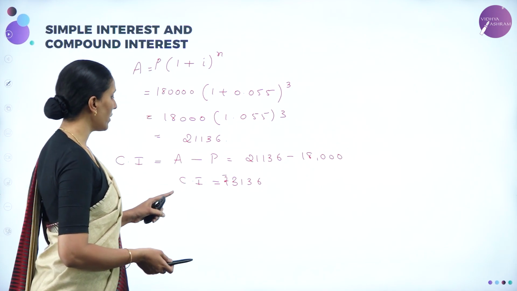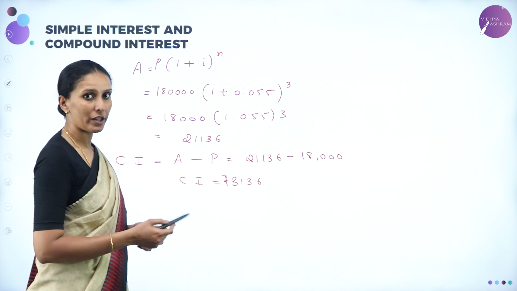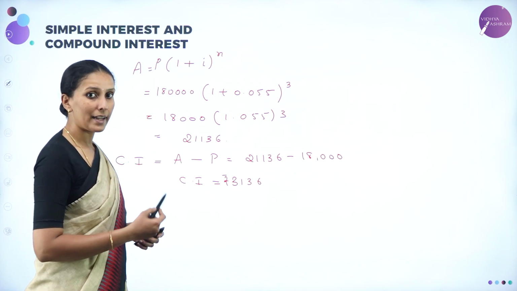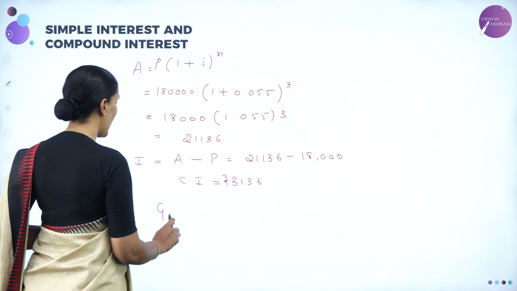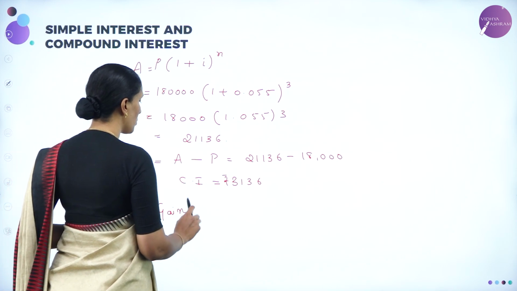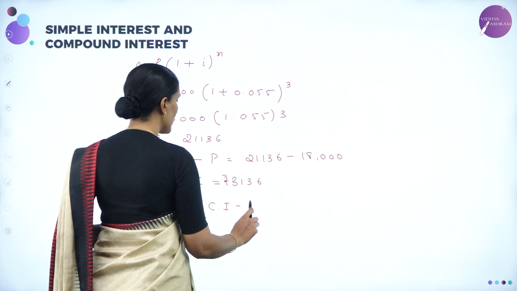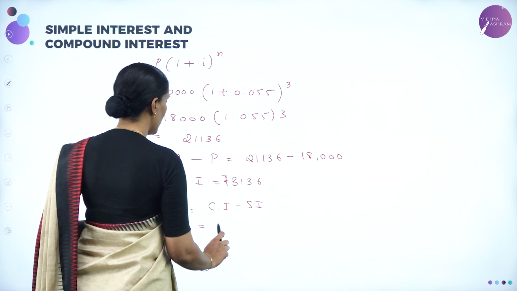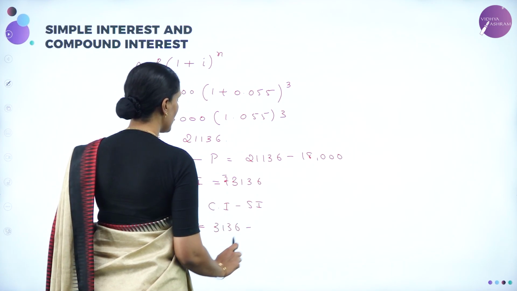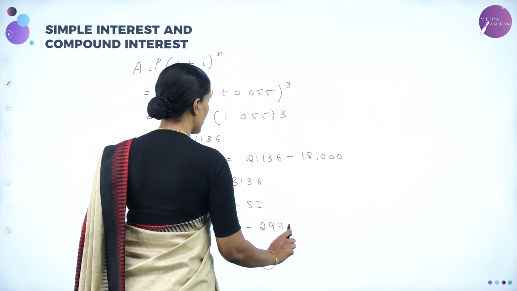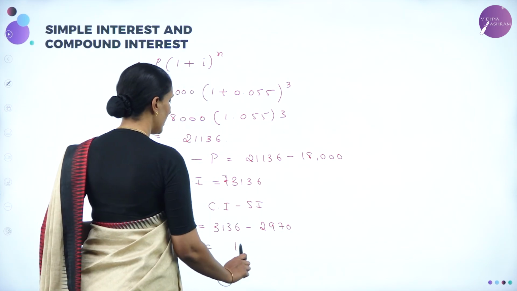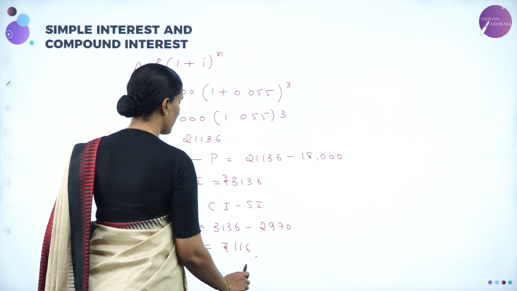So now what is the difference between his money, whether it's a gain or loss? It's a gain actually. So therefore, he gained an amount of compound interest minus simple interest. That is 3,136 minus 2,970, which is equal to 116 in terms of rupees.